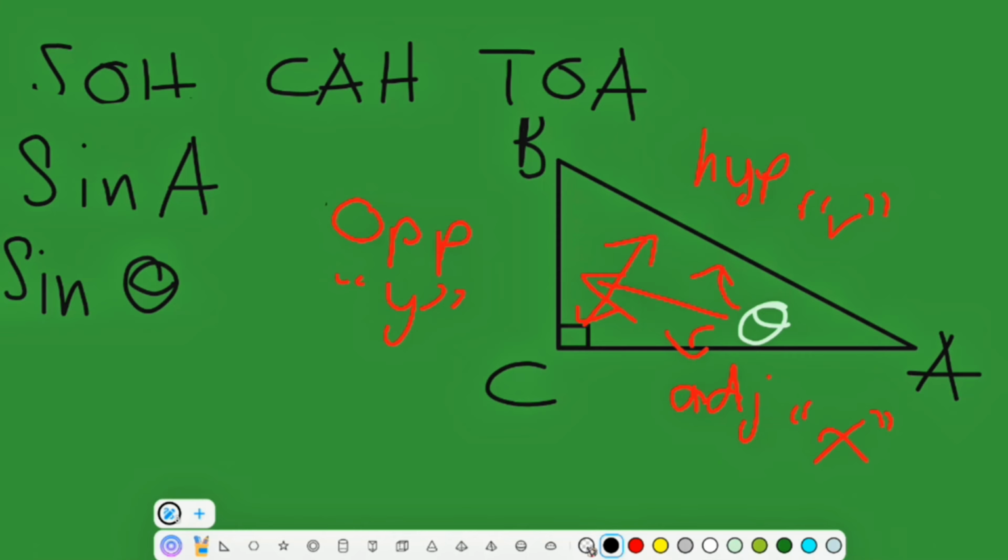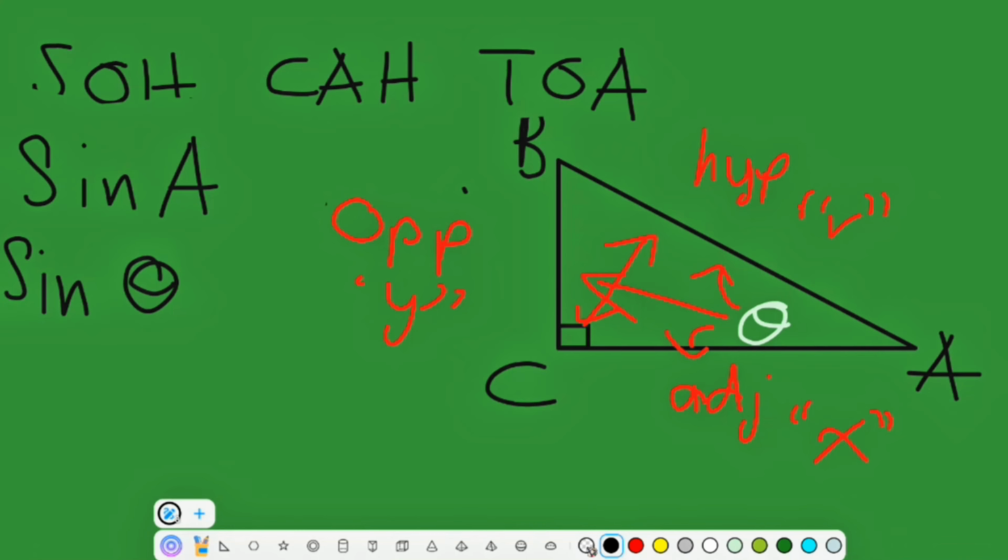Since we're focusing on angle theta, we have to make sure that the right angle triangle ABC is in a way that the side adjacent to angle theta, which is this side right here, is horizontal and the side opposite to it is vertical.